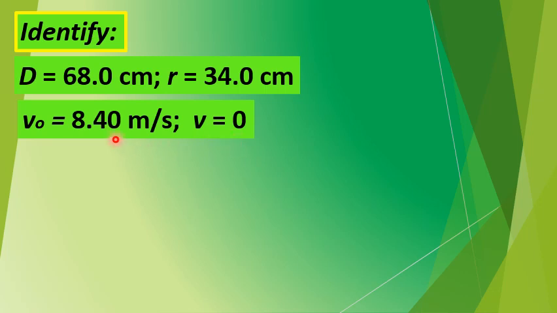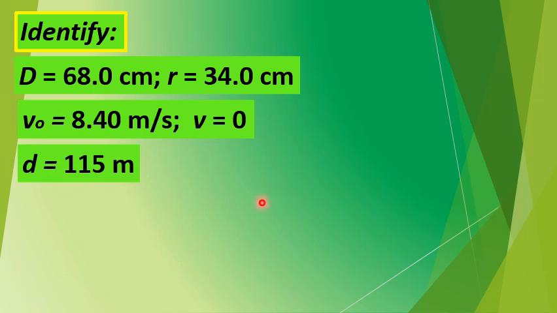This initial speed v naught refers to the tangential speed of a point at the rim of the wheel, 34.0 centimeters from the center. Its final tangential speed v is 0.